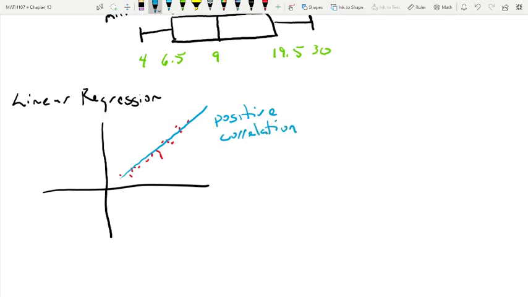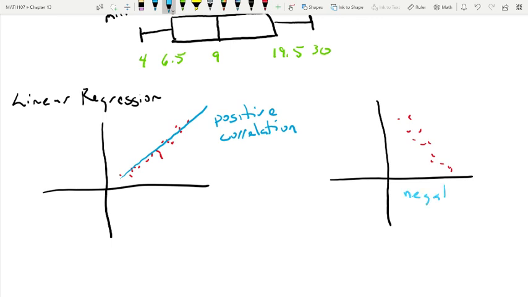We could have a plot that looks like this, and so we have a negative correlation. Again, it looks like a strong correlation, but this time as x gets larger, the y value gets smaller. And then, of course, we could have things that are in between where there really is not much of a correlation between one and the other.